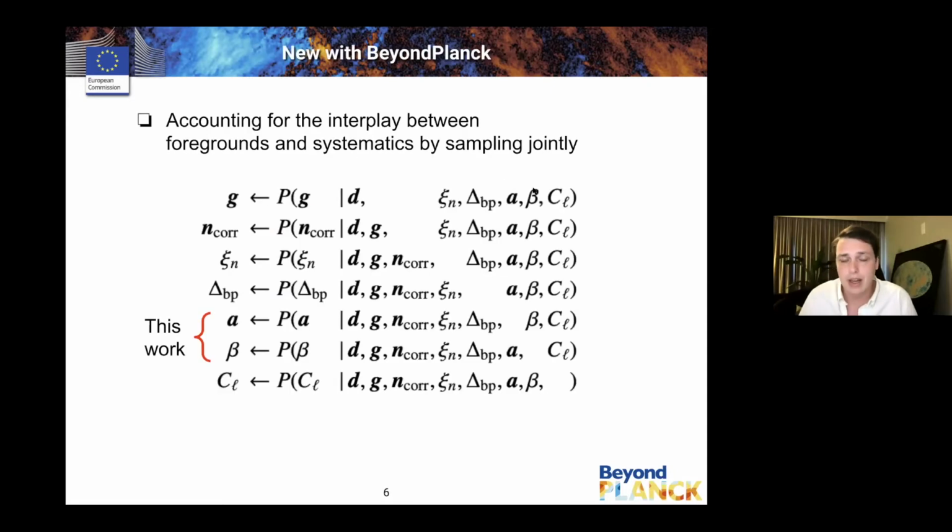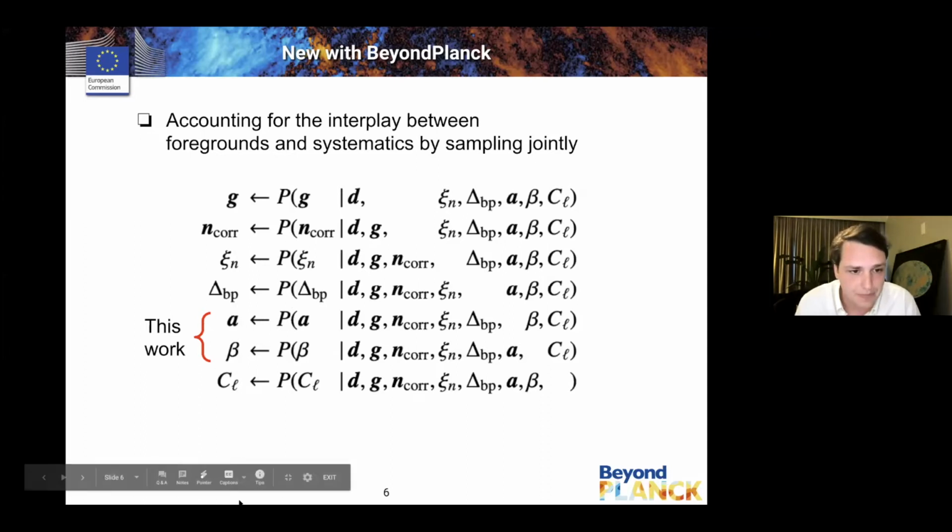And this works by dividing our posterior into these conditional distributions and sampling each of the instrumental and systematic foregrounds jointly, not at the same time. But new to this is now including the gain and the correlated noise and the bandpass corrections in addition to the foreground components, amplitude and spectral indices. And this work here is focusing on the A and beta.